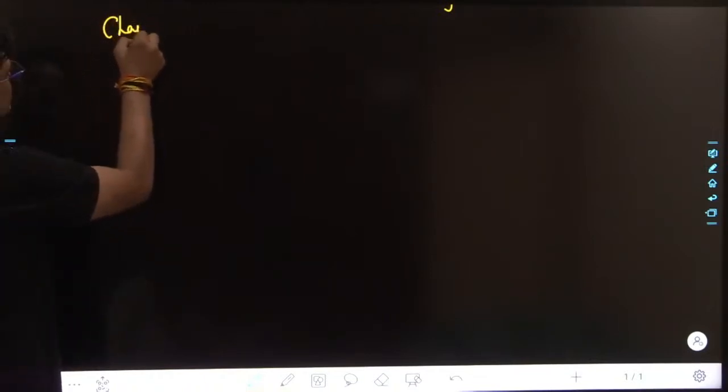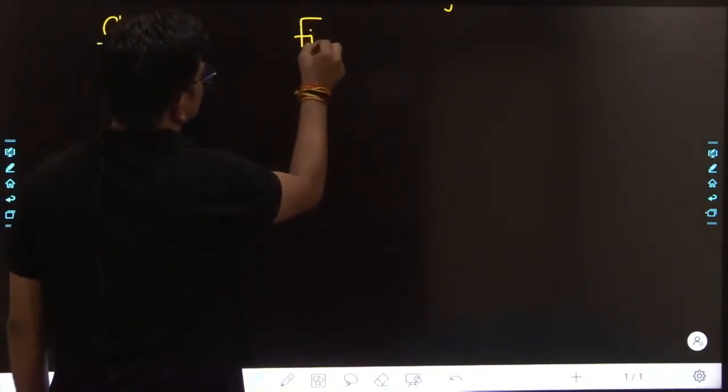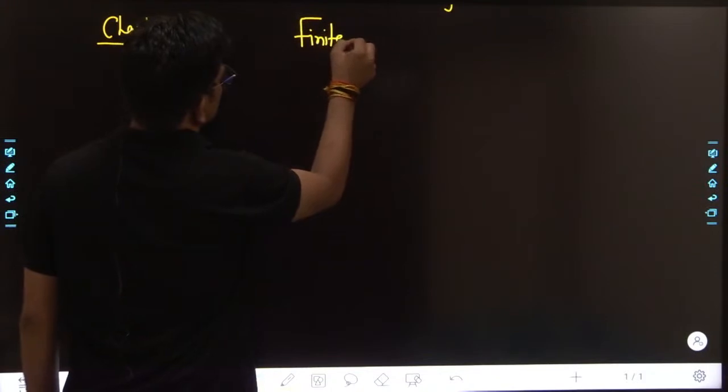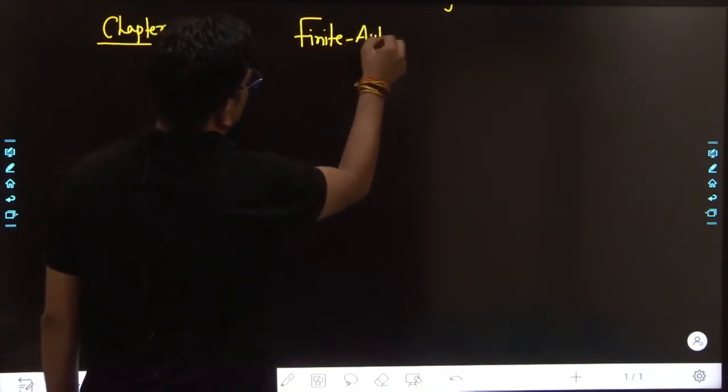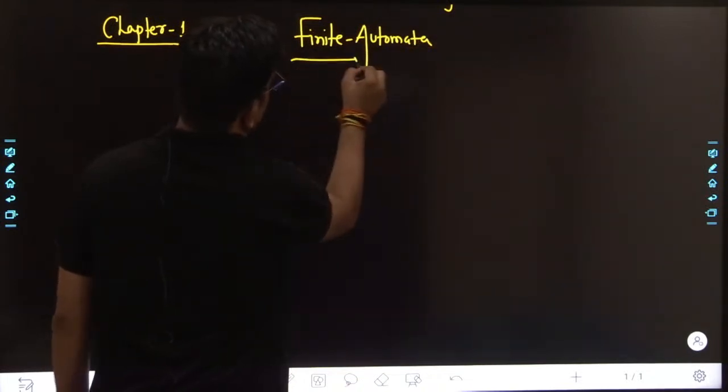Next, chapter 1: Finite Automata. Why is it called finite automata?